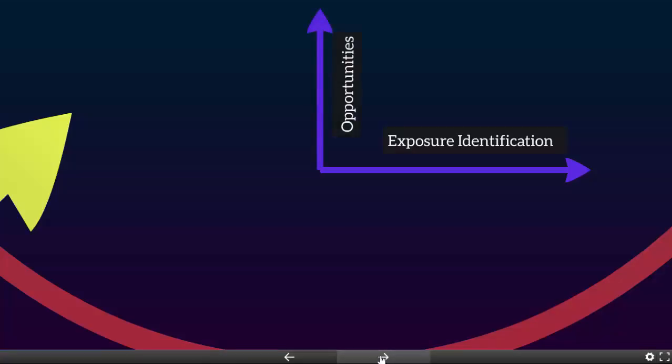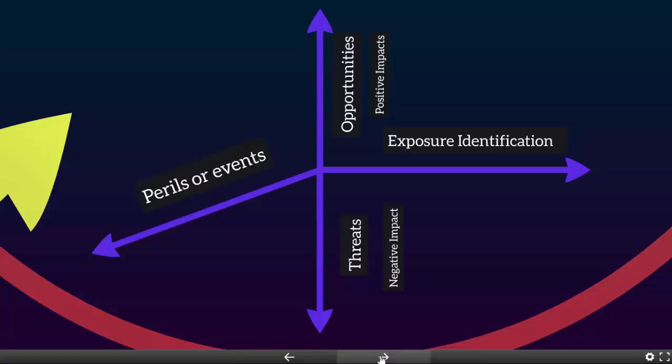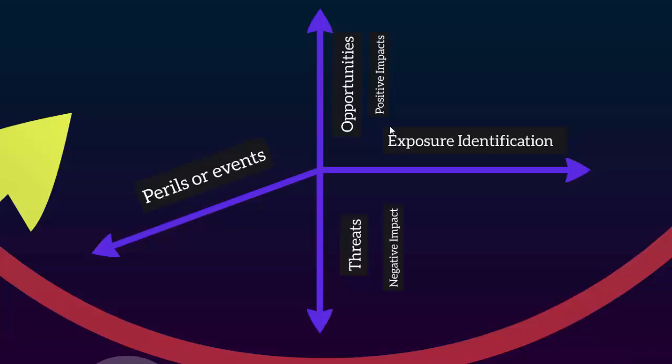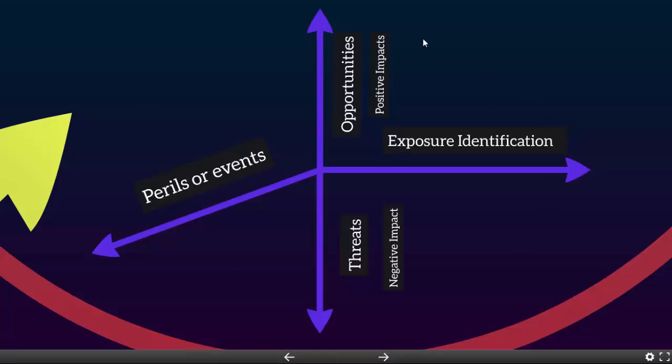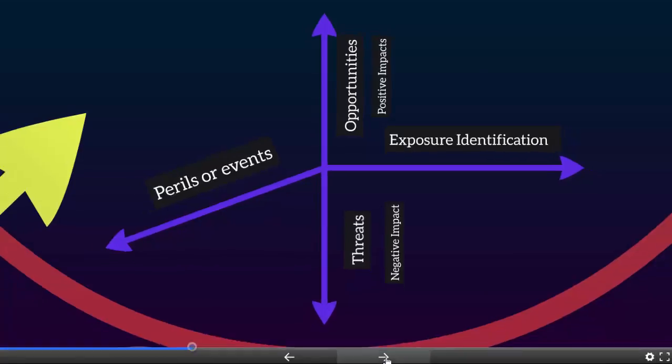Then potential opportunities for the business, which have potential positive impacts, and threats to the business, which are negative impacts, and finally, perils or events, causes of loss. This is similar to what we discussed in terms of the characteristics of risk, but it adds this aspect of risk, which is that many times risk can actually be positive. But taken as a whole, you must consider exposures, perils, opportunities, and threats.